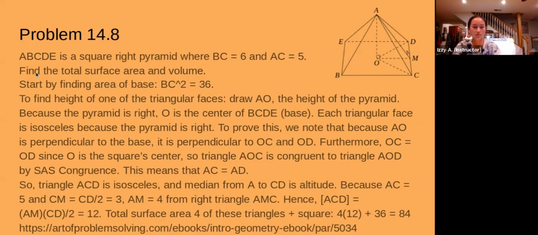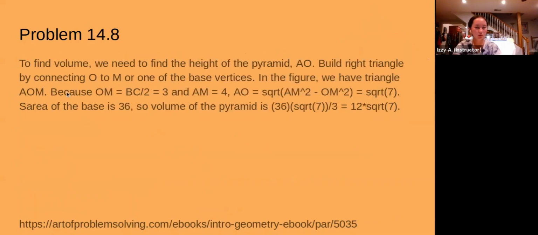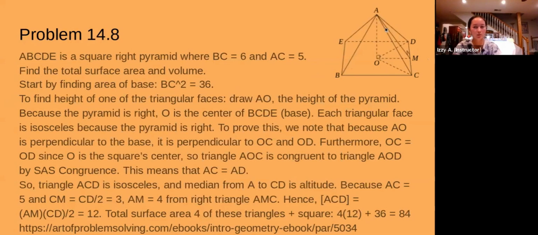Then to find the height of one of the triangular faces, you would draw AO as seen in the picture, which is going to be the height of the pyramid. Because the pyramid is right, O is the center of BCDE, which is the base. So each triangular face is isosceles because the pyramid is right.